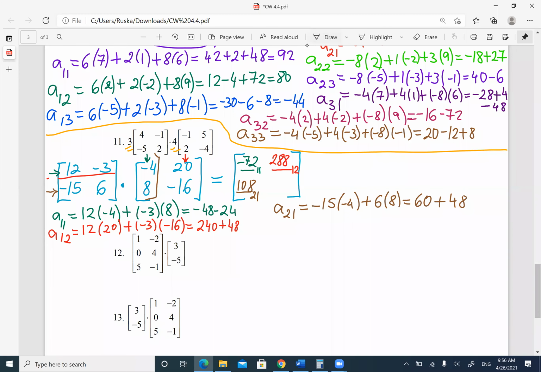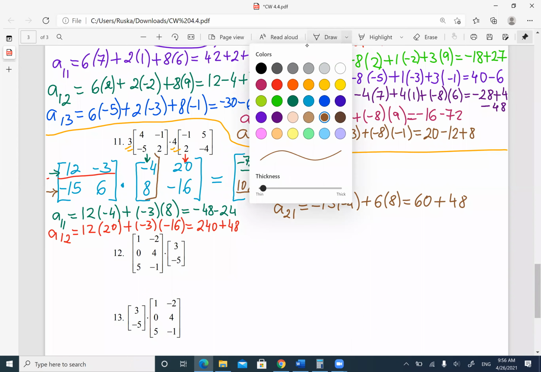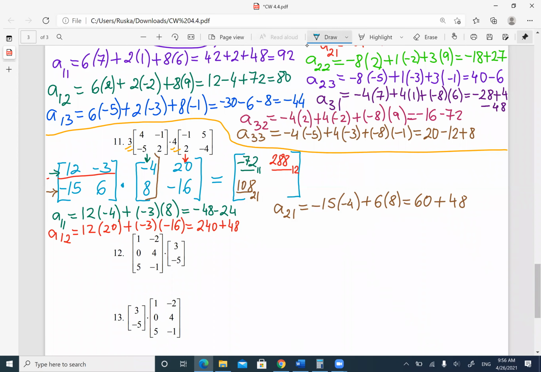Okay, and then we have one more to go. The last one we're going to do is second row and second column, the element 2 and 2. So I'm going to multiply negative 15 times 20 plus 6 times negative 16.